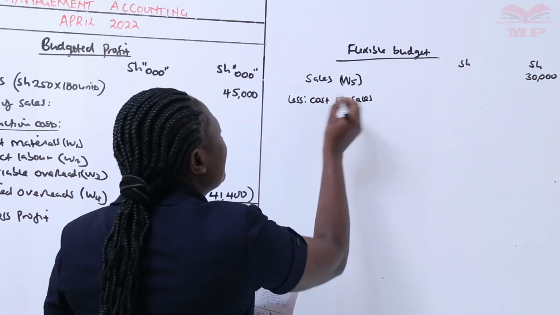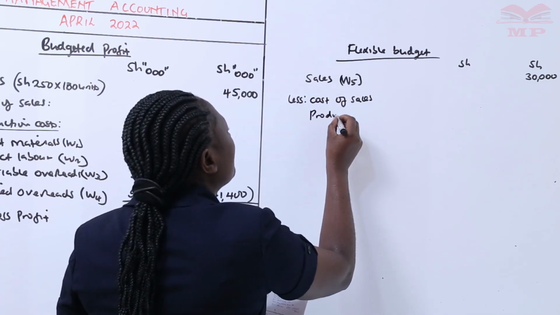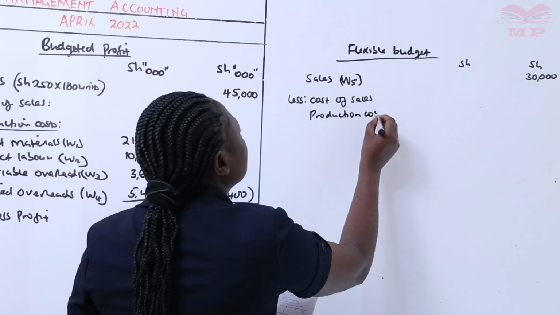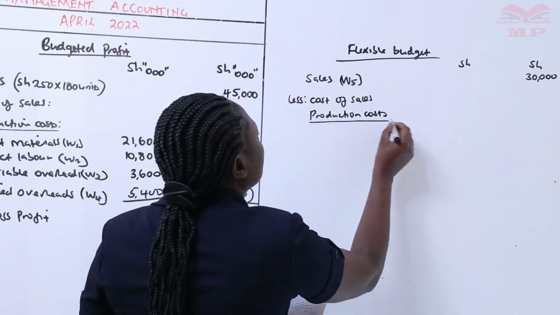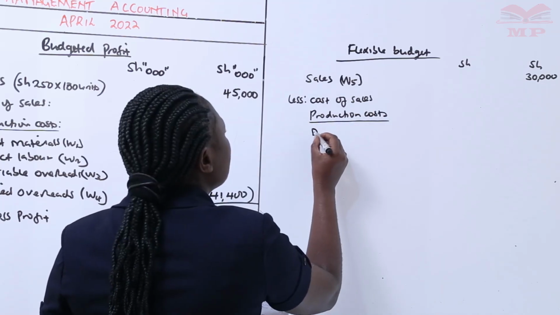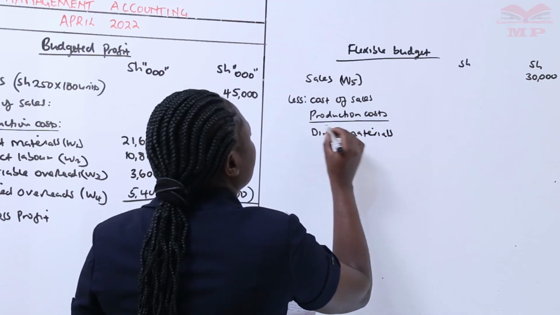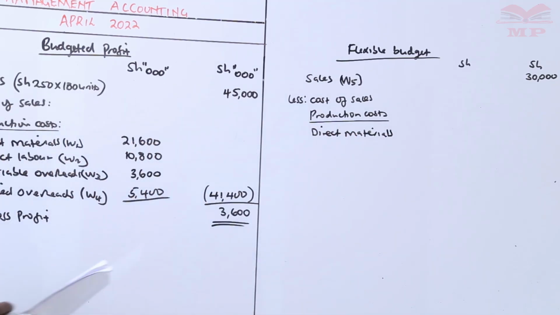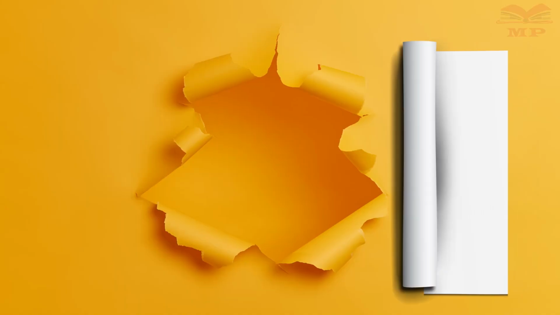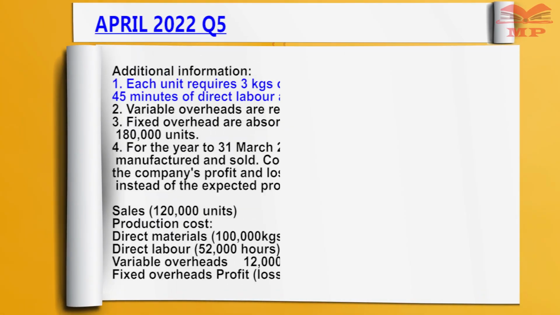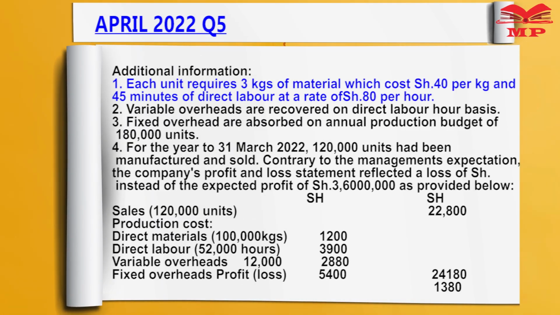Under the cost of sales, we have production costs, which include direct materials. So how will you calculate direct materials? Note number 1 of that same question tells us that each unit requires 3 kilograms of the material at a cost of 40.